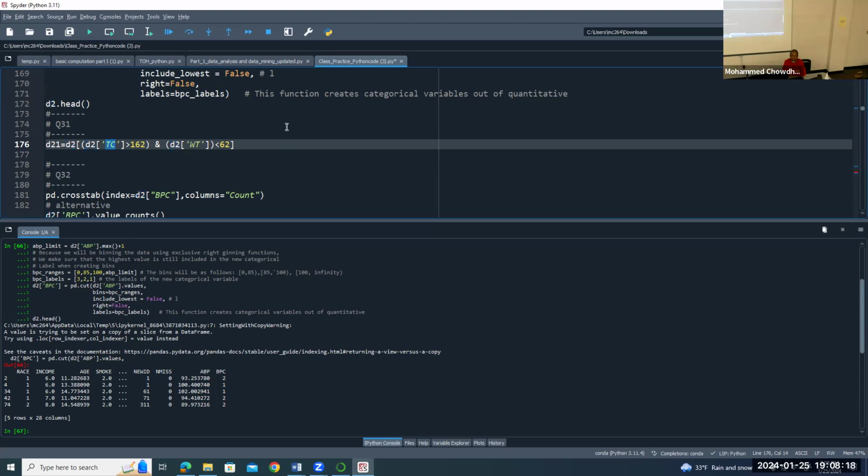Suppose you are working at Google, in the Google health department, which provides breakfast, lunch, and sometimes dinner for highly paid or very important persons. They have their cafeteria. People go there, eat there, and they want to provide healthy food. Okay. And now they want to find the people with total cholesterol greater than this and weight greater than that, and suggest that these people should eat this type of food.